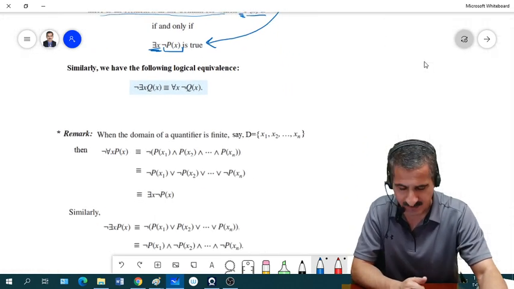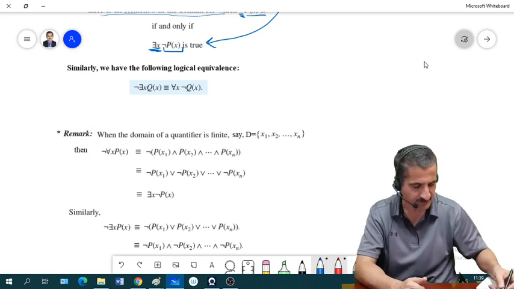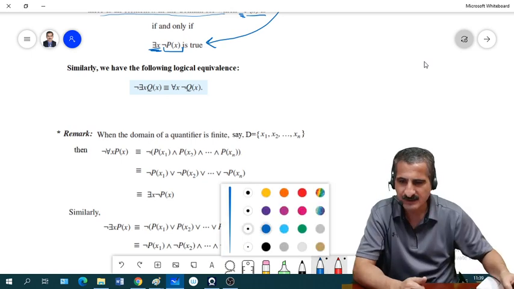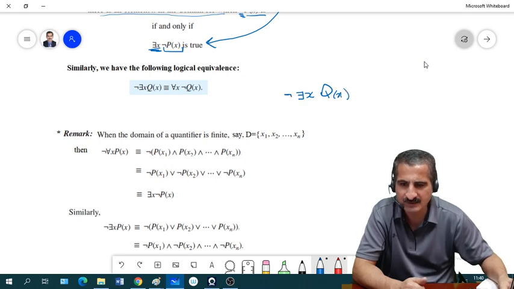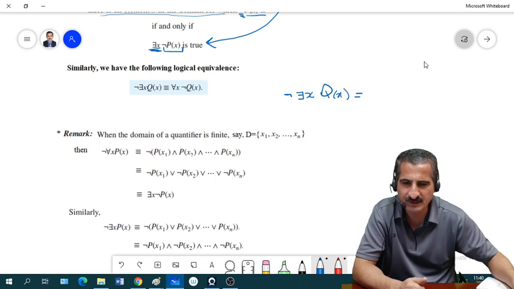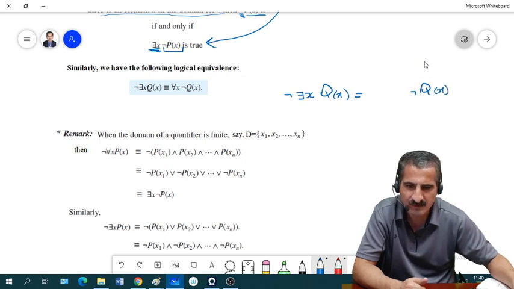Okay, same thing here. If we want to negate the existential, there exists x such that q of x happening, then we go inside and give the negation to q of x, but then we change the existential to universal.